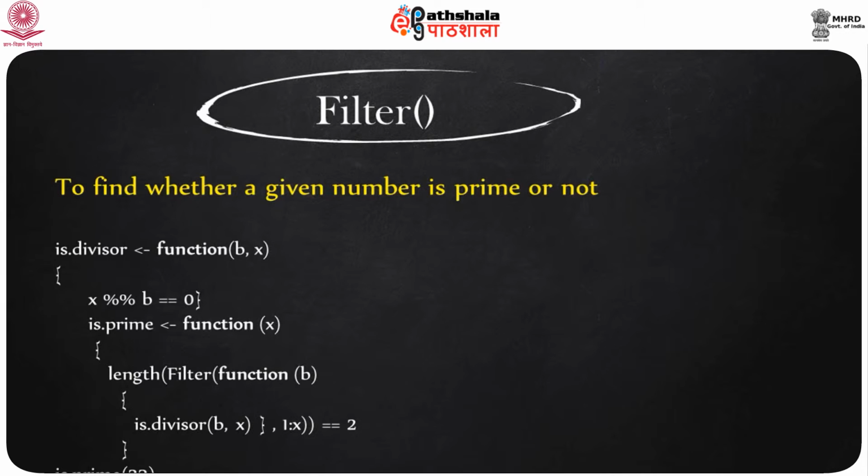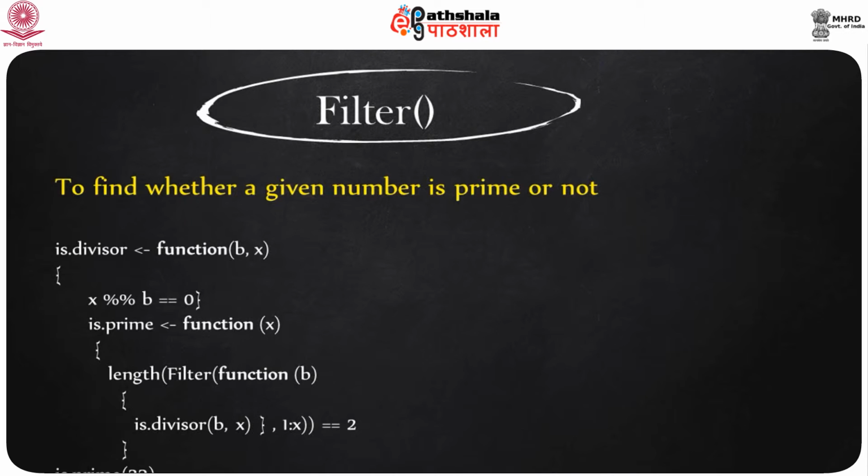Now we are using this function as an argument to construct the function is.prime. Here as it is a function of x, we are considering numbers from 1 to x. Now we keep on dividing x by the numbers from 1 up to x.